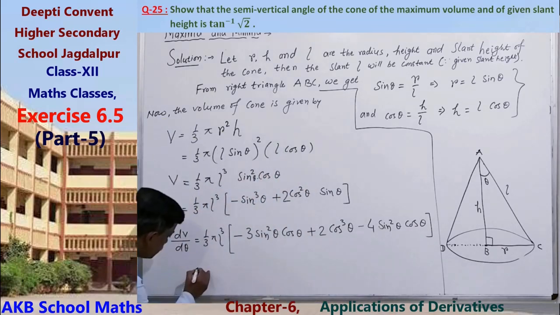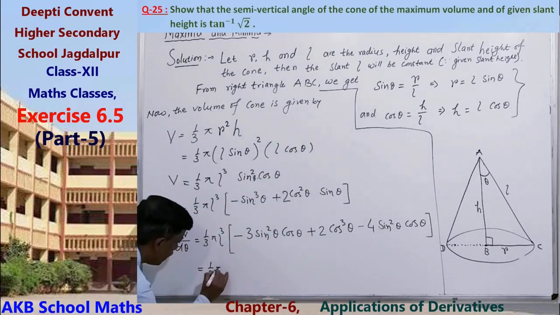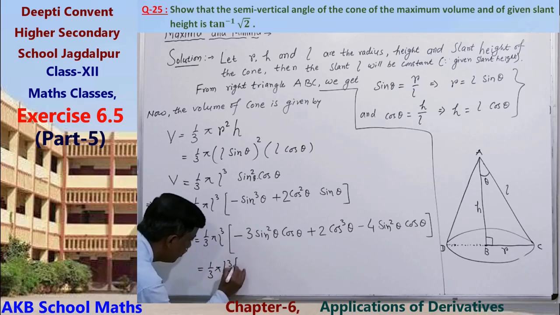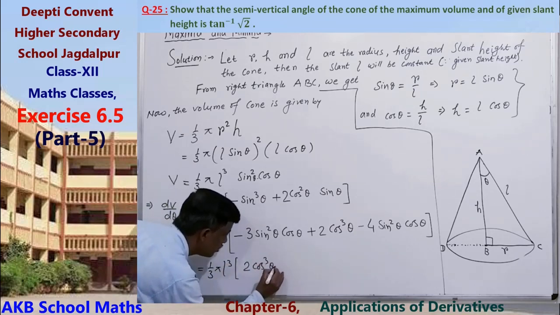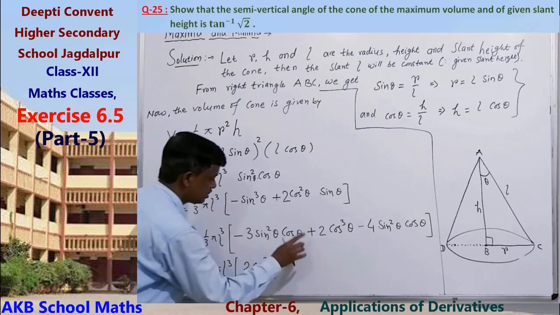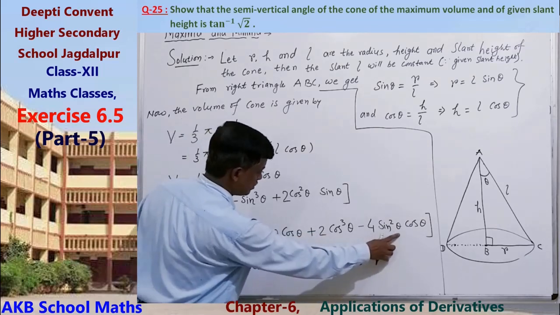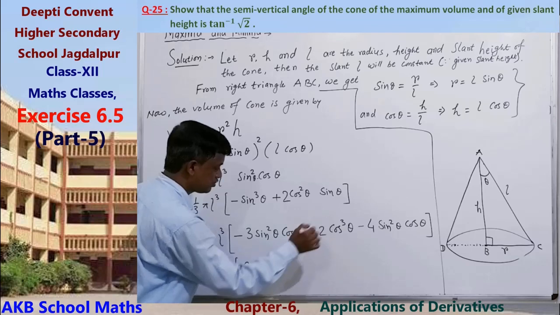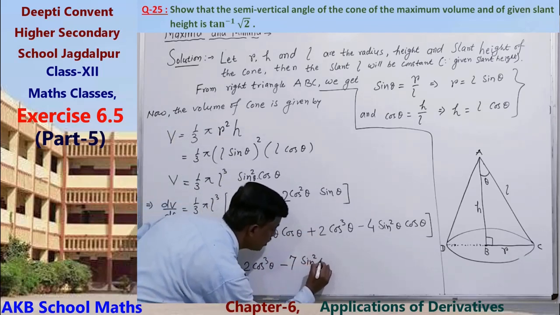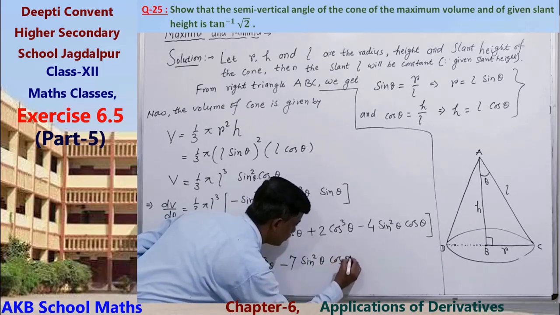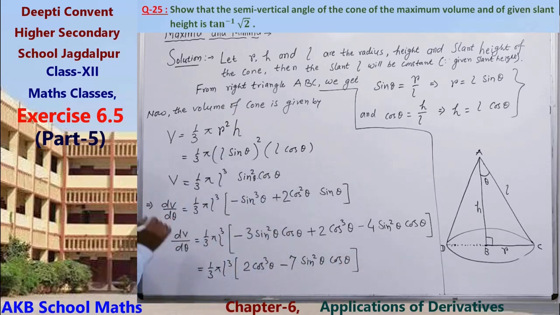So this equals 1 by 3 pi L cube, 2 cos cube theta, minus the same thing, sin square theta cos theta, minus 3 minus 4, minus 7 sin square theta cos theta. Okay, this is the second derivative.